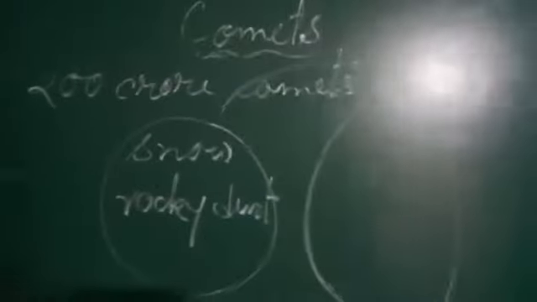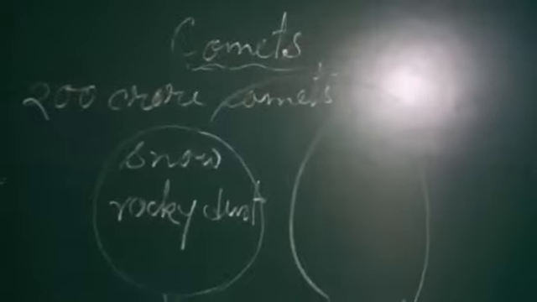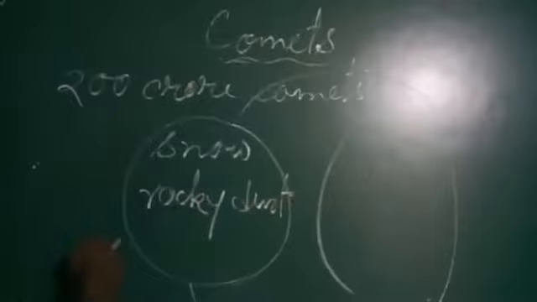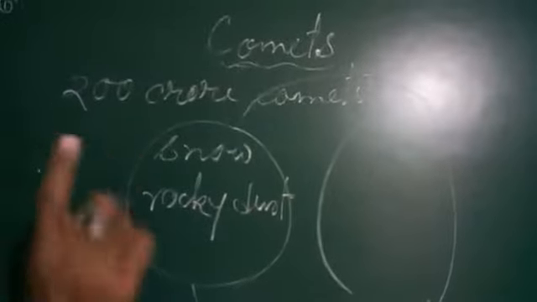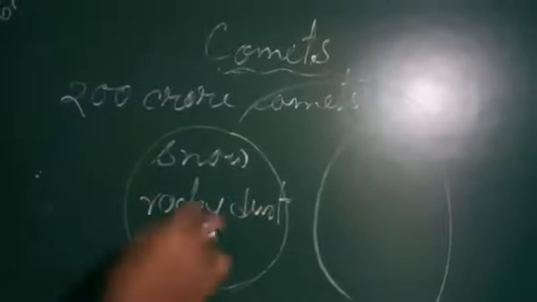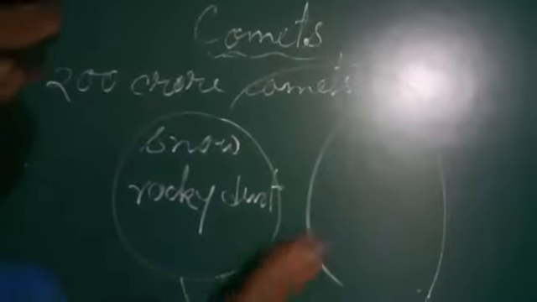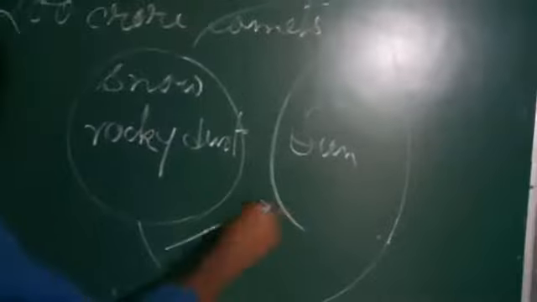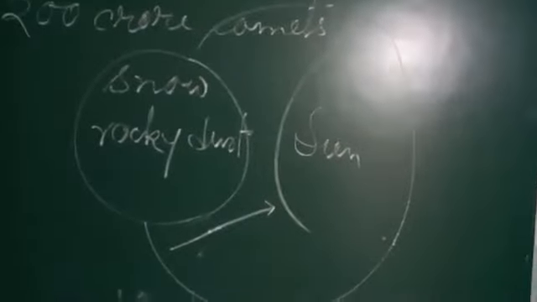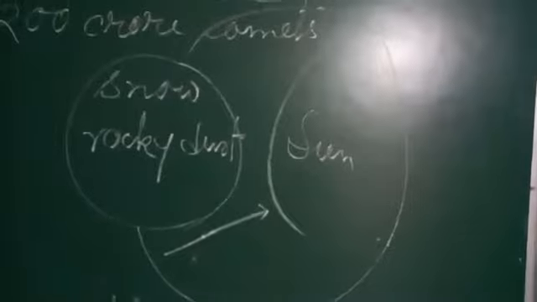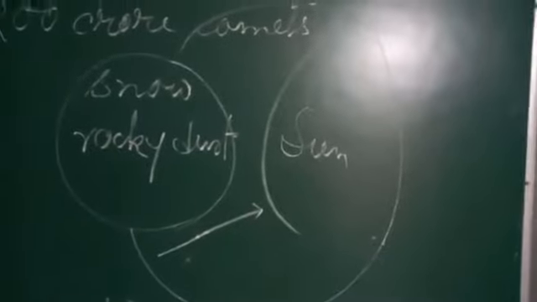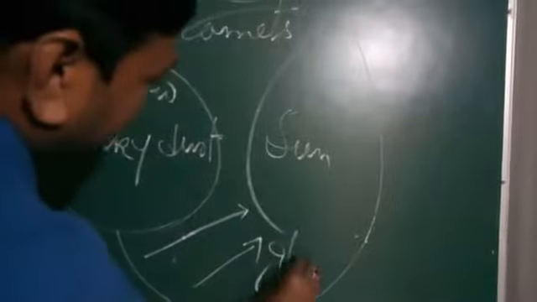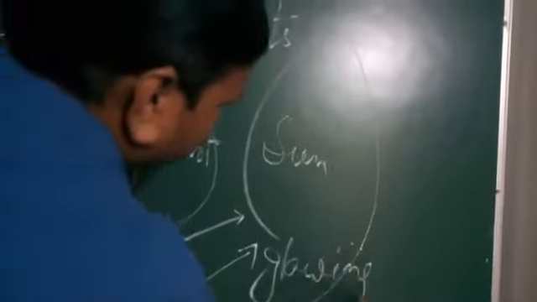Understood? When a comet goes near the sun, it starts glowing. Why do they glow?